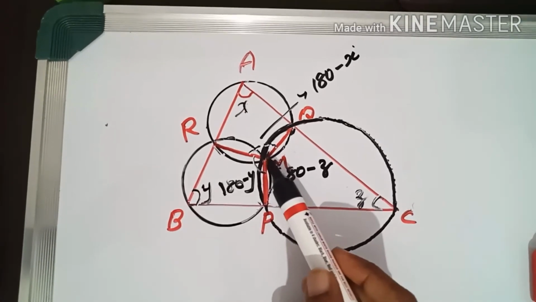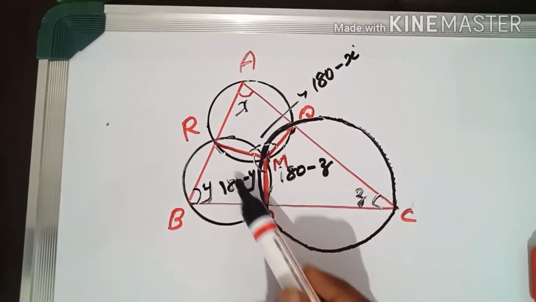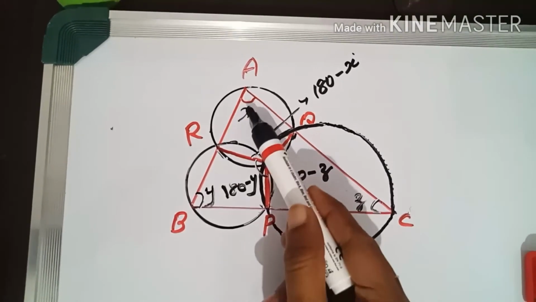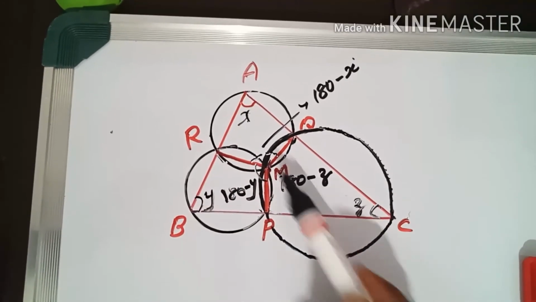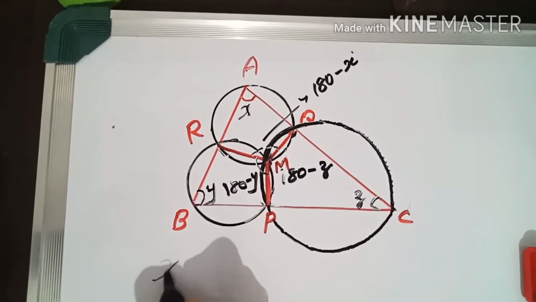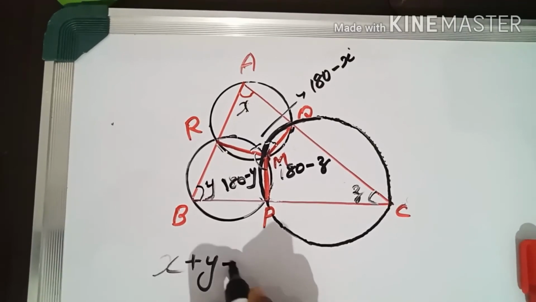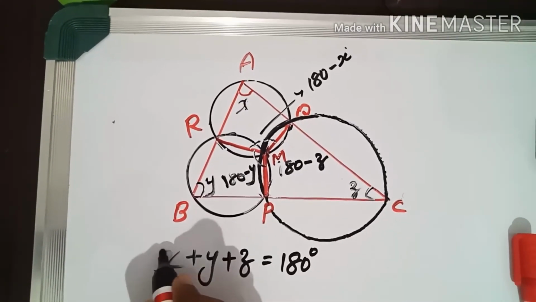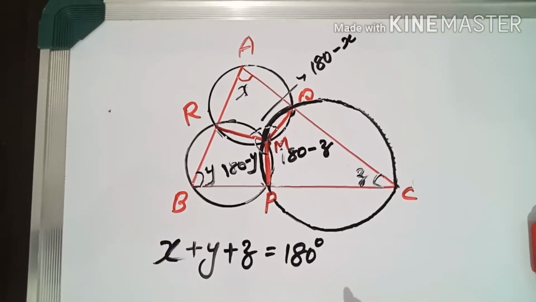We need to prove this M is a common point of all these three. Now x, y, z are the angles of the triangle ABC. What will be the sum? x plus y plus z is equal to 180 degree.